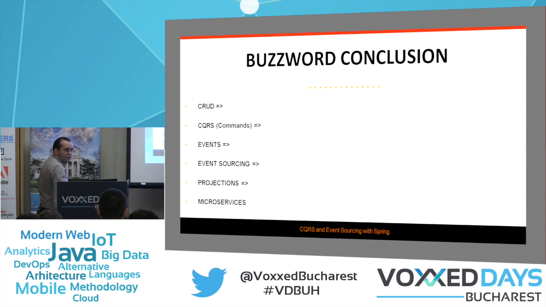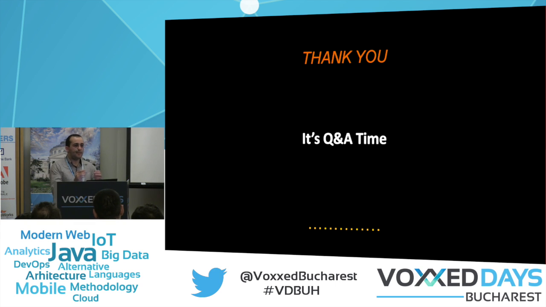We needed projections. The event store is just not enough. When you're dealing with a system that needs to serve a front-end client, it's not enough to have the event store, because there's nothing really queryable there. You cannot do a lot of advanced querying with raw JSON. And at the very end, we reached the microservices state, and we are done.